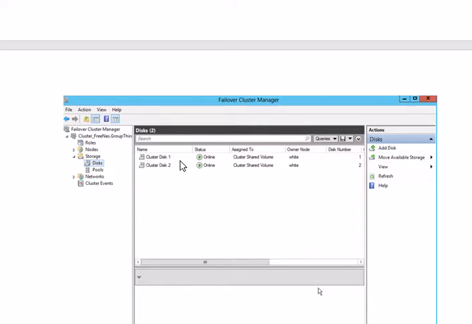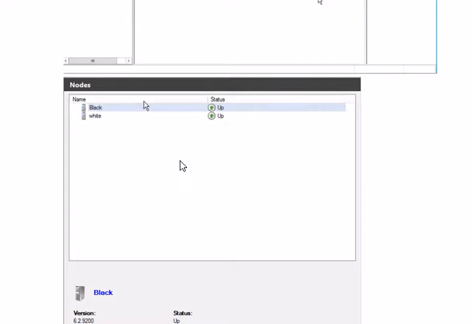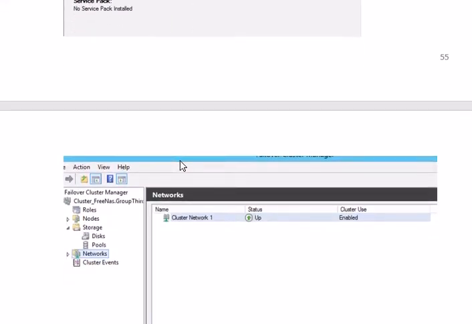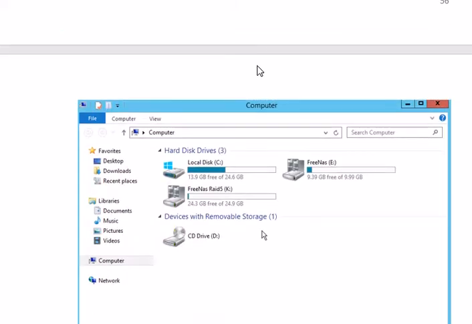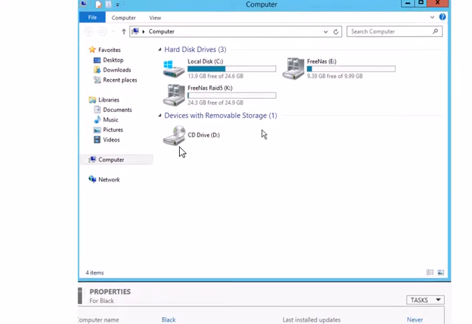These are the clusters, and these are the nodes, the cluster networks. And here is our local disk of the drive.